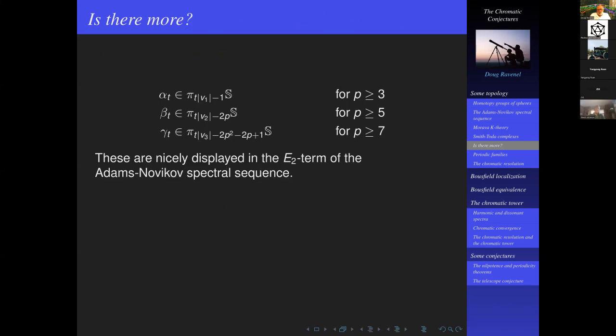Now, in the E2 term of the Adams-Novikov spectral sequence, that's this high-powered algebraic machine for calculating these homotopy groups, you see these things displayed very nicely. And not only that, you see analogs of them for higher values of n.